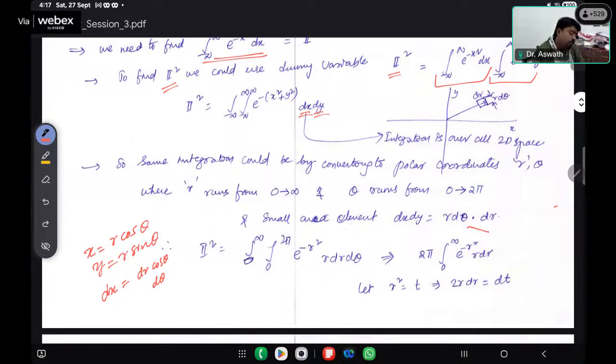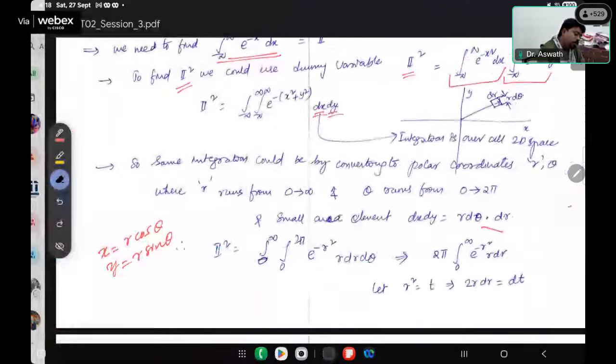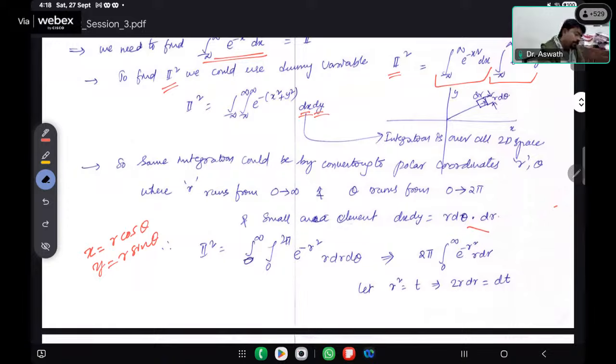If you do that, x square plus y square simply becomes r square. And dx dy becomes r dr d theta.